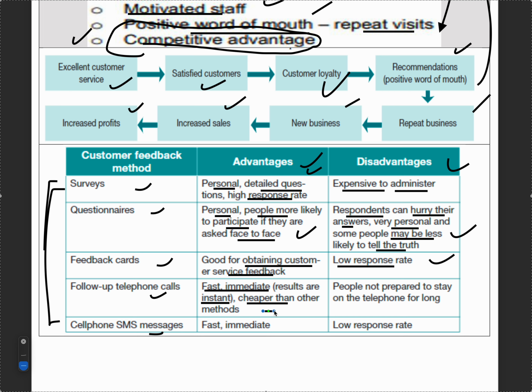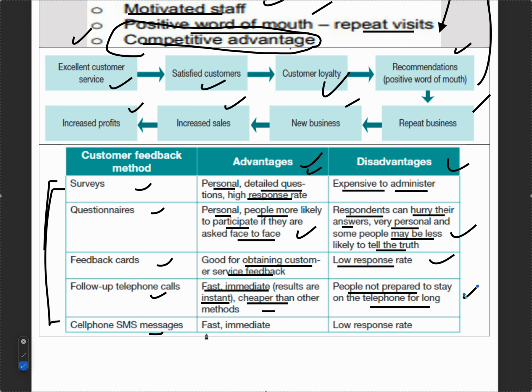Disadvantage: people are not prepared to stay on the telephone for long, meaning some people just drop the phone and won't stay longer.